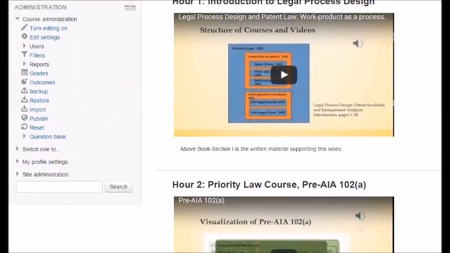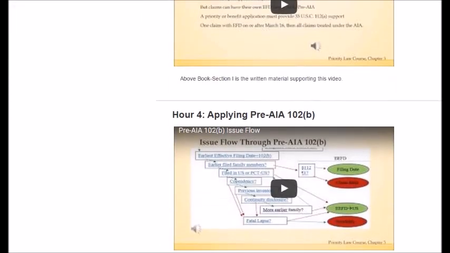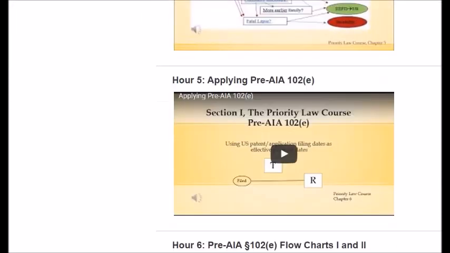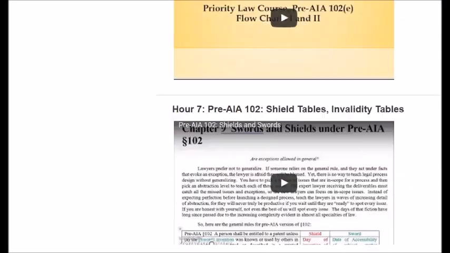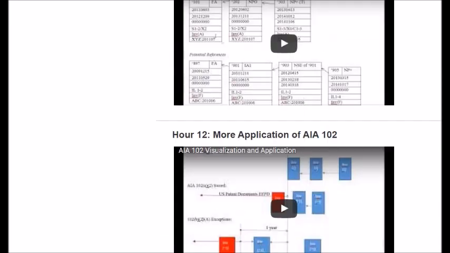In this course, as it said, hours 1 through 12 are on the Priority Law course: 1, 2, 3, 4, 5, 6, 7, 8, 9, 10, 11, 12.